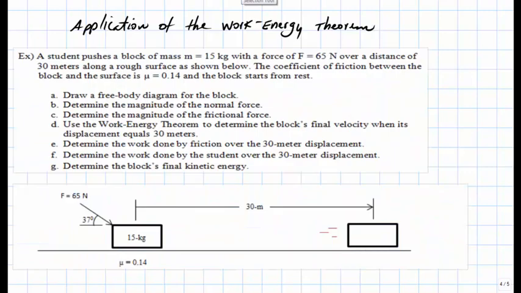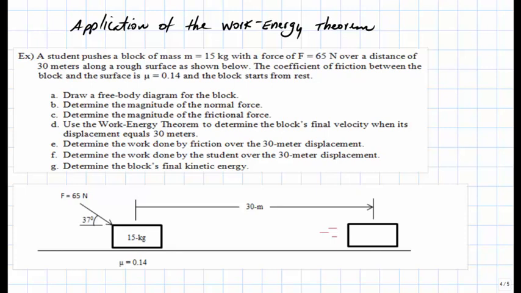In this application, a student pushes a block of mass 15 kilograms with a force of 65 newtons over a distance of 30 meters along a rough surface as shown below. The coefficient of friction between the block and the surface is given by mu equals 0.14, and the block starts from rest. We're going to begin the analysis of this problem by drawing a free body diagram.